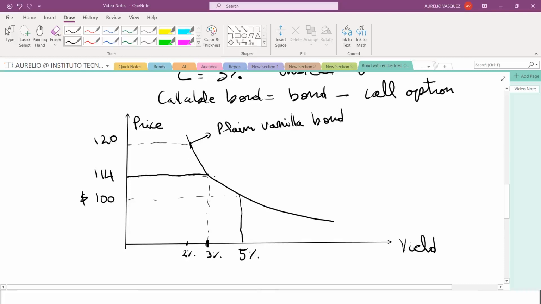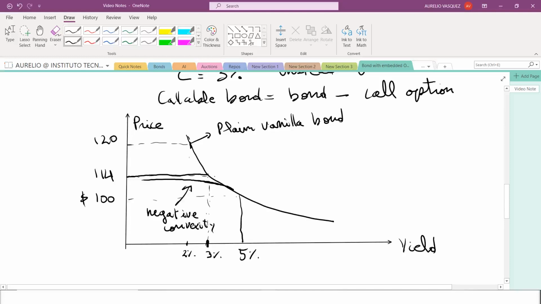So as the yield starts to go down, you're going to have this graph that goes tangent to your 114. As you can see from here, the price has a negative convexity. What does that mean? Normally bond prices have a positive convexity, but in this case, the price cannot go above 114.